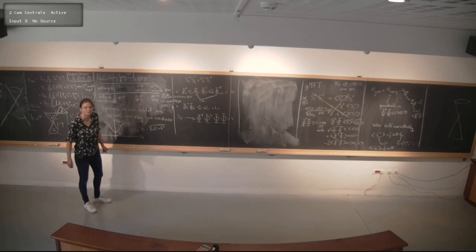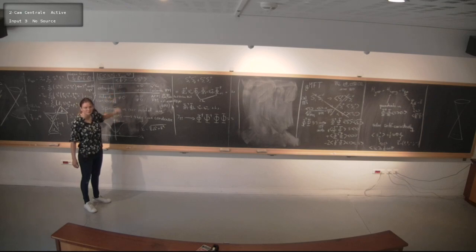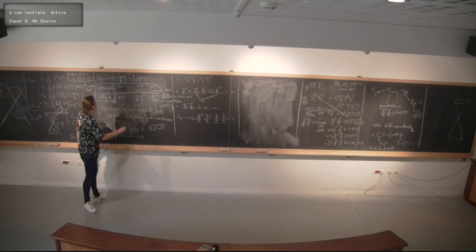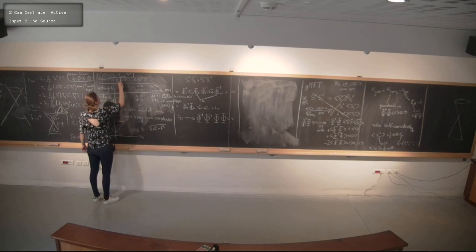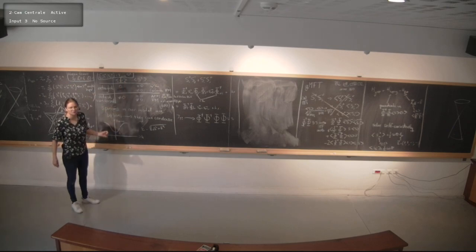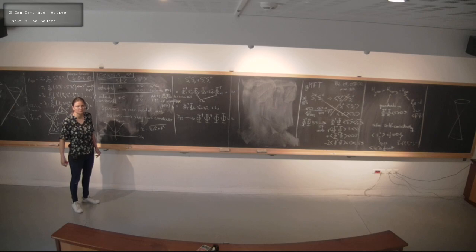Why would that make the expectation value of phi non-zero? That's the definition of a condensate. Here I could have written condensation. A condensate is when the operator for the bosons acquires a non-zero expectation value.